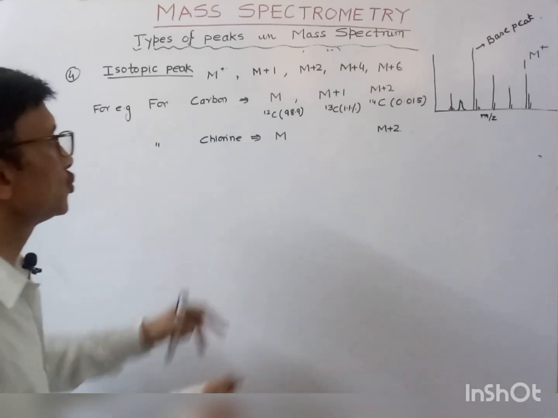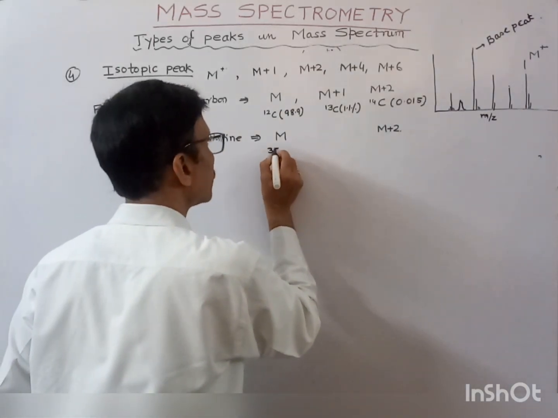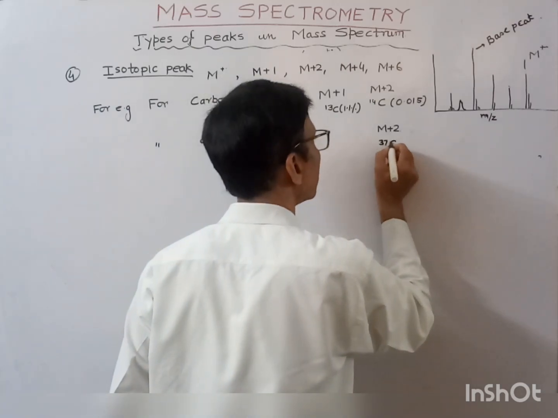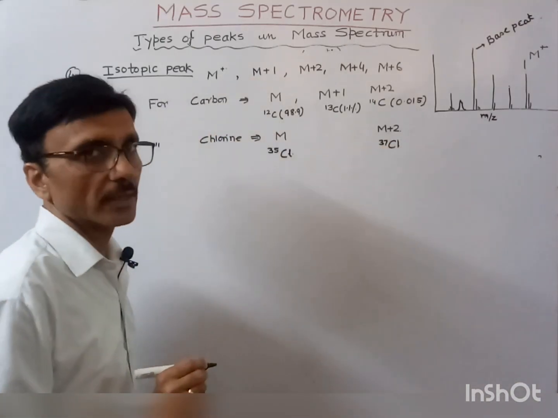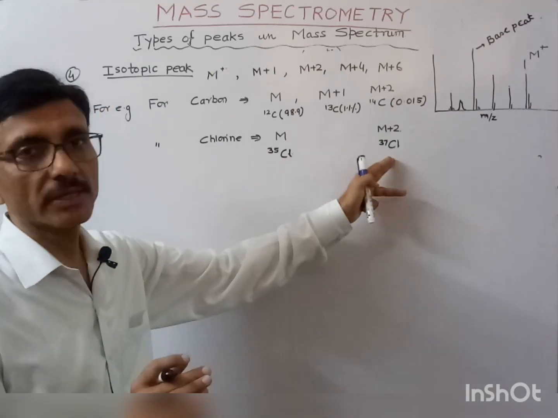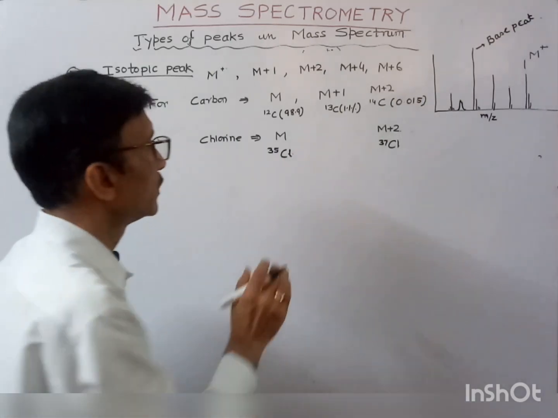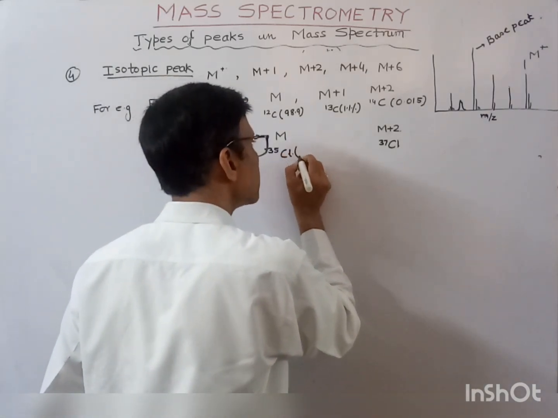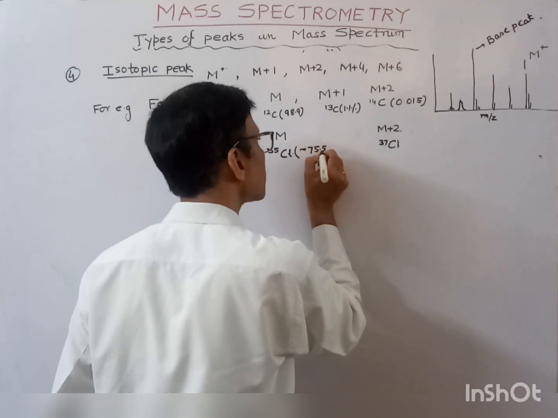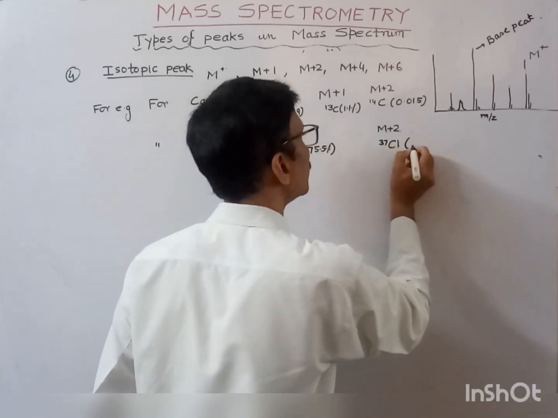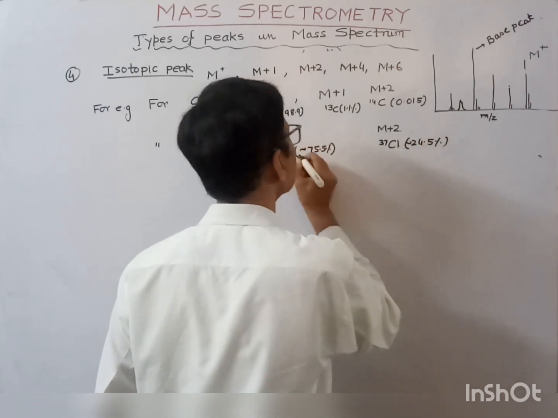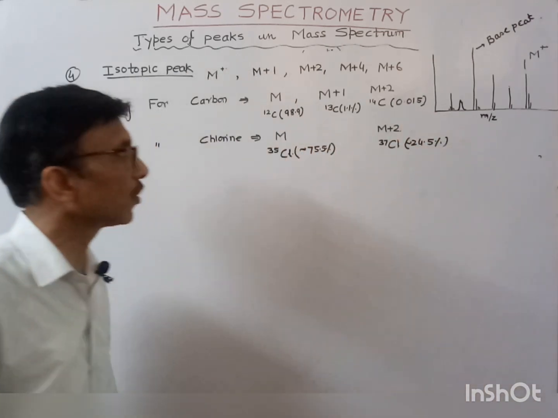The M peak is due to chlorine 35 and the M plus 2 peak is due to chlorine 37. If you see the relative abundance of these two isotopes in chlorine, around 75.5% is chlorine 35, and 24.5% is chlorine 37. So this is the approximate ratio.